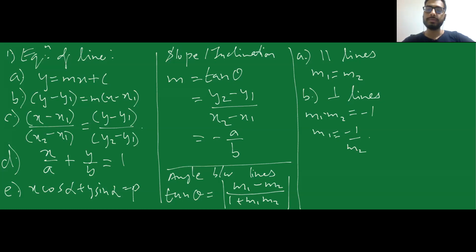In 3D geometry, if two lines are perpendicular, then their dot product is 0. In 3D geometry, if two lines are perpendicular, their dot product should be 0, because dot product formula is going to be, suppose two lines are A and B, then A bar dot B bar is equal to AB cos theta, and cos of 90 is 0.